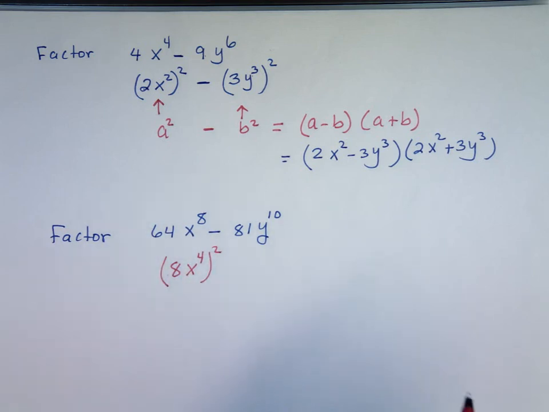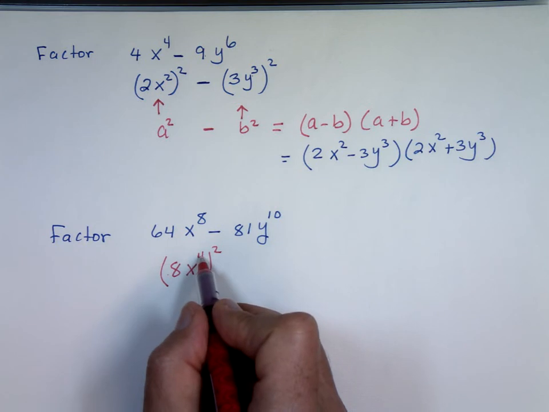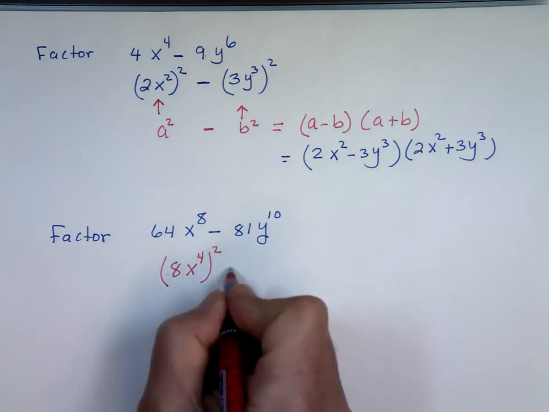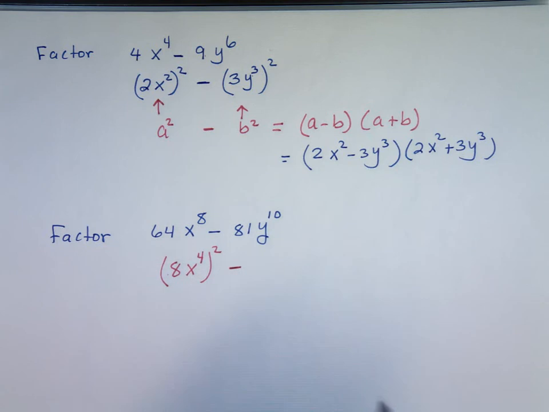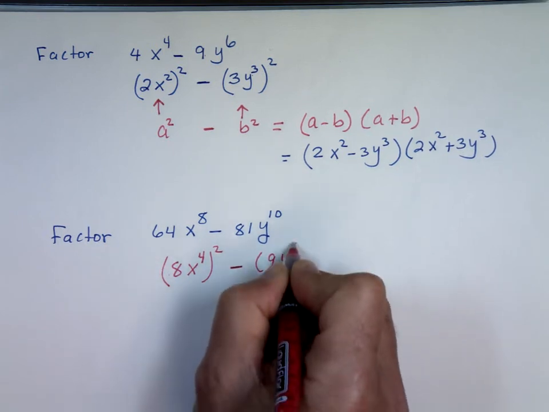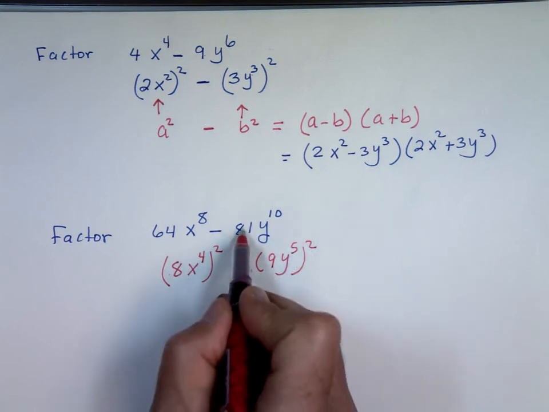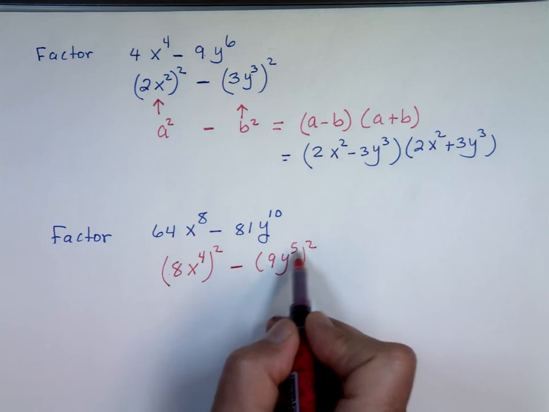X to the 4 squared, power to power, you multiply. 4 times 2, that's 8. 81, that's a 9 squared. Y to the power of 5 squared. 9 squared is 81. Y to the 5th squared, power to power, you multiply. 5 times 2 is 10.